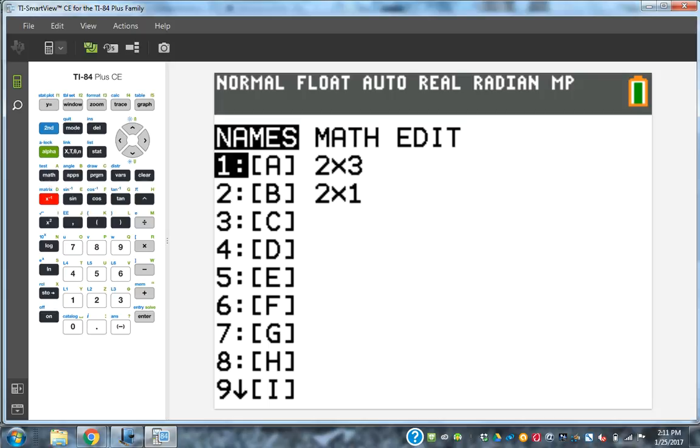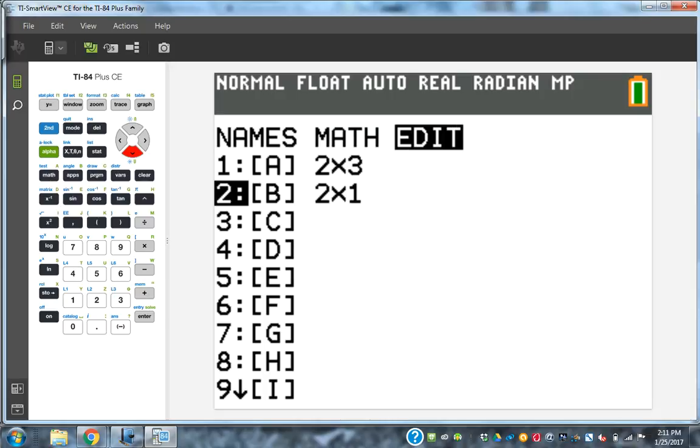We're going to go over to edit again and do matrix B this time. So go over to edit, press the down arrow to get to matrix B or any of the other ones. It doesn't matter where you put that. You just have to remember where you put it. Okay, so I'm going to put it in matrix B.